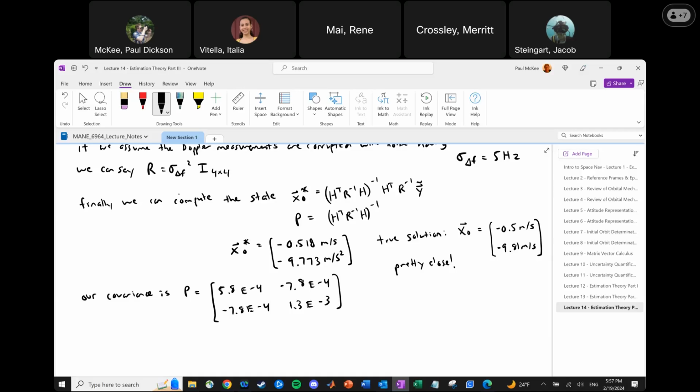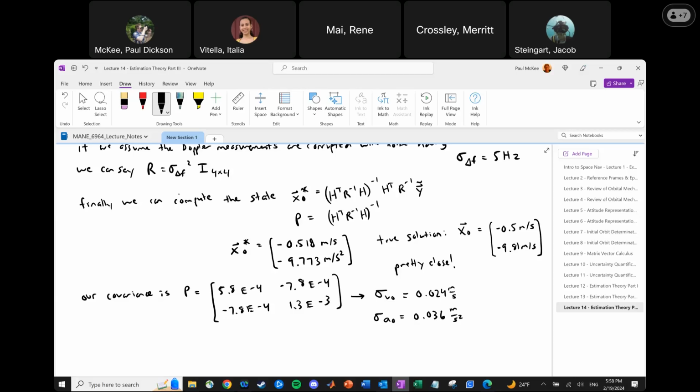If we take the square root of the top left element and the bottom right element, that tells us our uncertainty regarding our initial velocity is 0.024 meters per second, and regarding our initial acceleration is 0.036 meters per second squared.